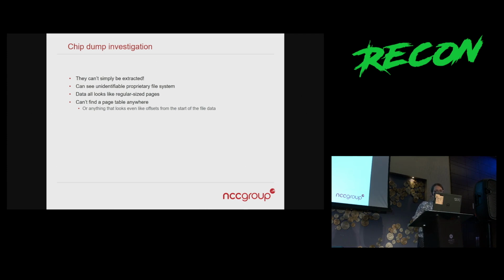I start digging through it in a hex editor, and I can't find any file system magics or any other identifiers that particularly find a way to extract the file system. I found a whole bunch of regularly sized pages, but I can't find the page table, and I was struggling and not successful in reverse engineering the file system.